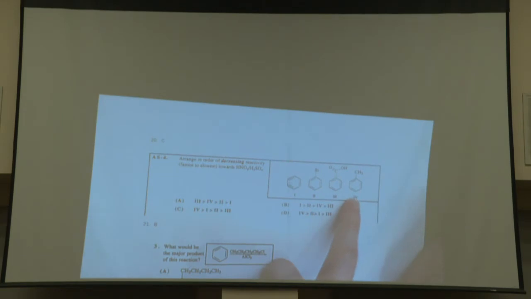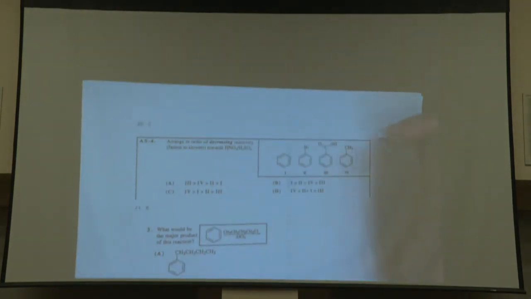So toluene, the CH3, is that an activator or deactivator? It's an activator, a moderate activator. And then this double bond, this carboxylic acid, is that an activator or deactivator? It's a deactivator, a moderate deactivator.